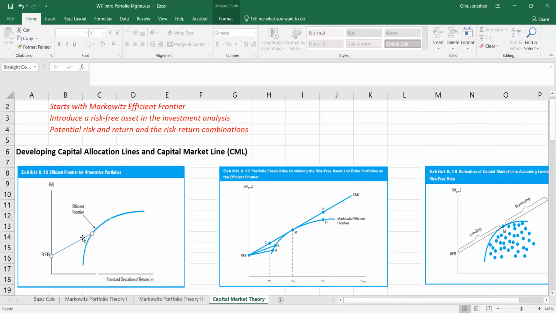Yeah, that should be your combined portfolio. So you can always combine this risk-free asset and the risky portfolio here freely. If you want to go for lower risk, you can go this way too.